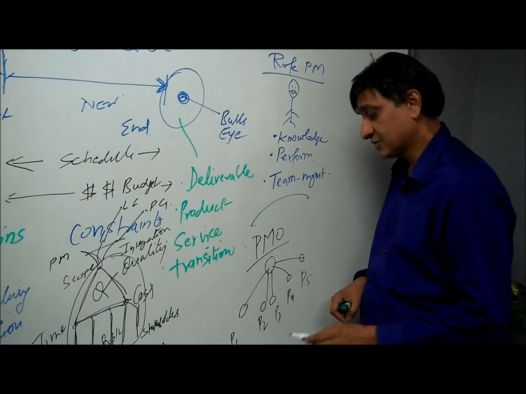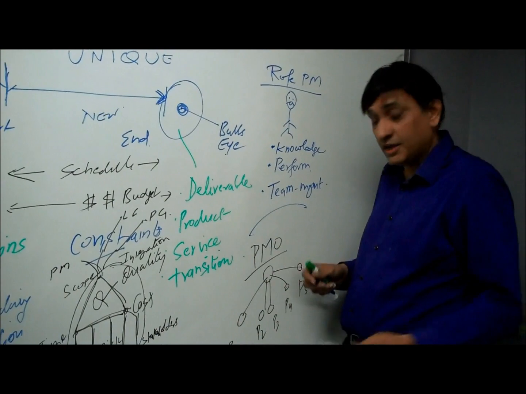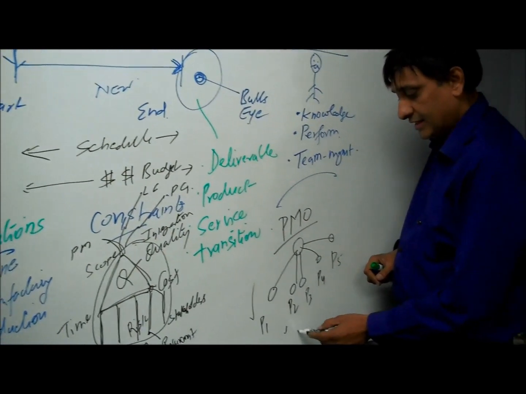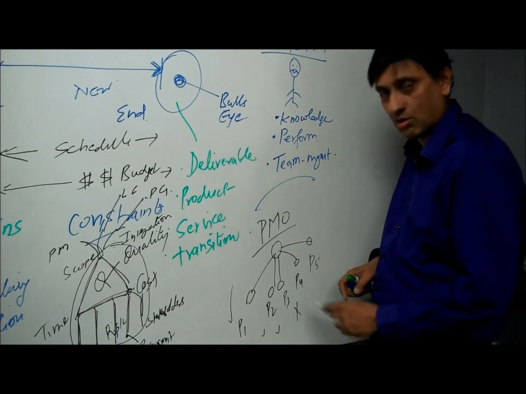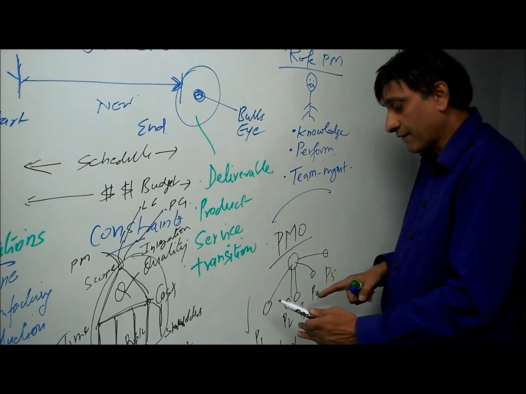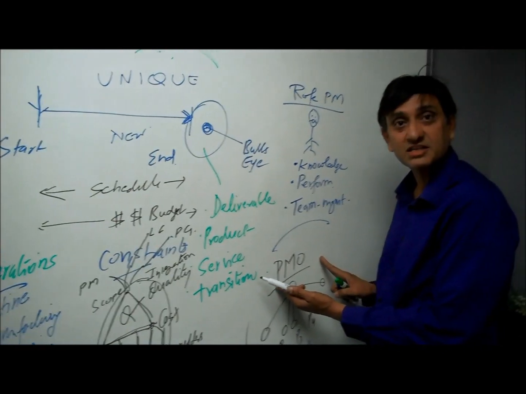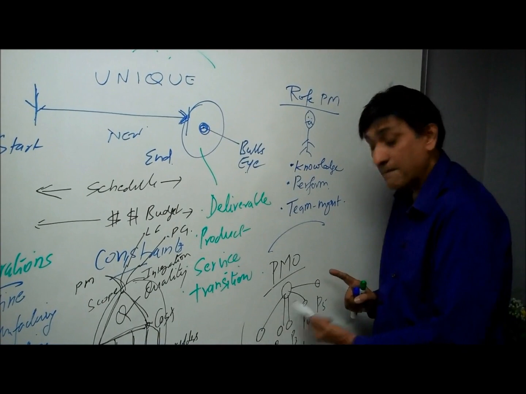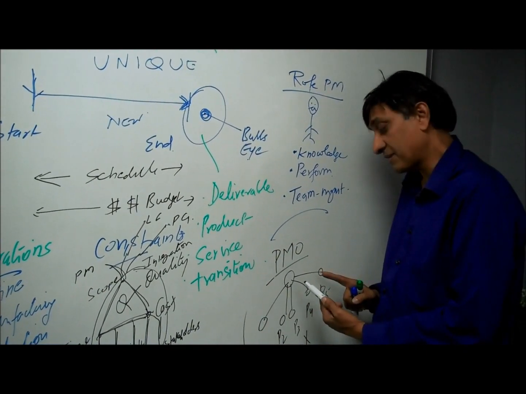Sometimes suddenly in companies you'll say P1 is more important than P2, then P3 and P4, and people say no, let's cancel it. So how do you move resources from P4 to P1? What are the systems, processes, procedures and templates that you will follow to implement these projects is all a part of the PMO.